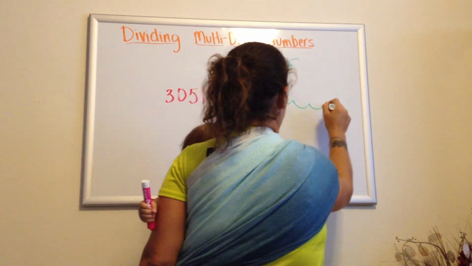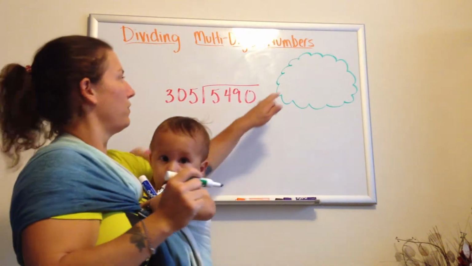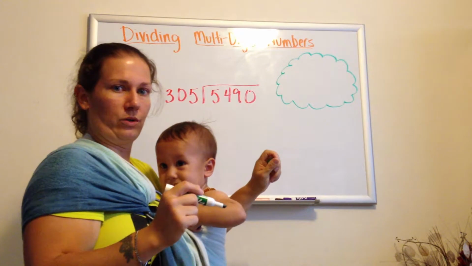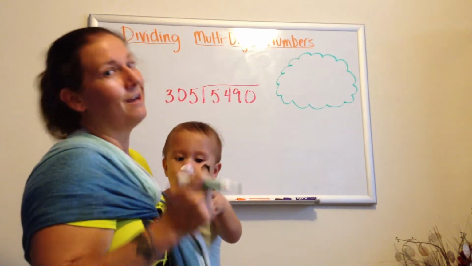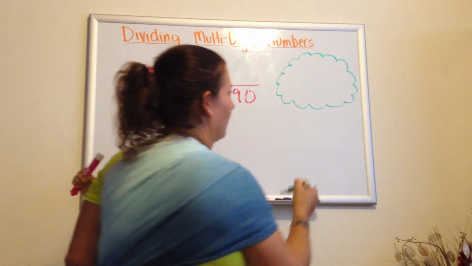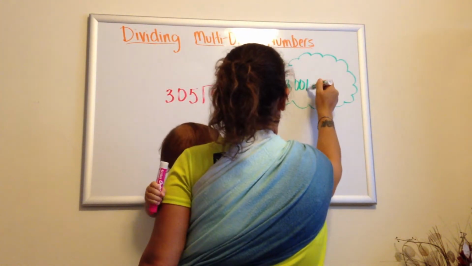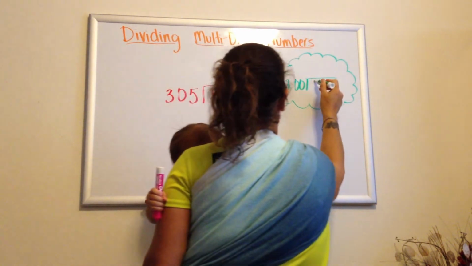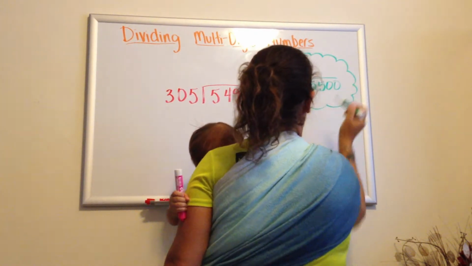The reason I make this thought bubble is I don't want to, at the end, confuse that with my work and write that answer in as my actual answer, because then I'll be getting a lot of really close answers, but not correct answers. Alright, so as I estimate this, I want to round the 305 to 300, and I want to think of 5,490 as 5,500.